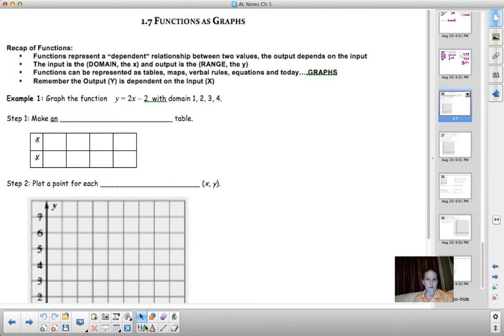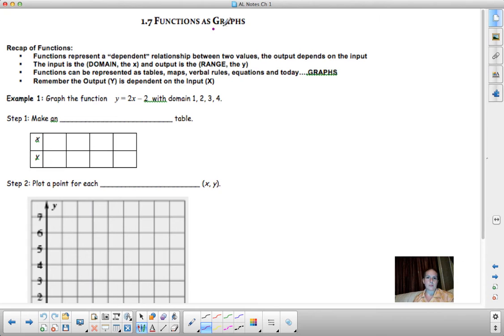Today we're going to talk about section 1.7, which is to take that same idea of functions, except now we're going to look at them not as mappings or as tables, so much as graphs. Remember that we're doing a quick recap here. Functions represented as a dependent relationship between two values. The output depends on the input.